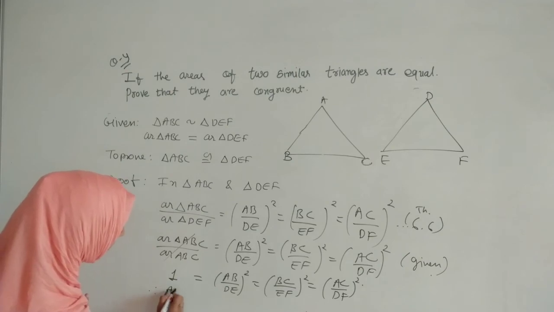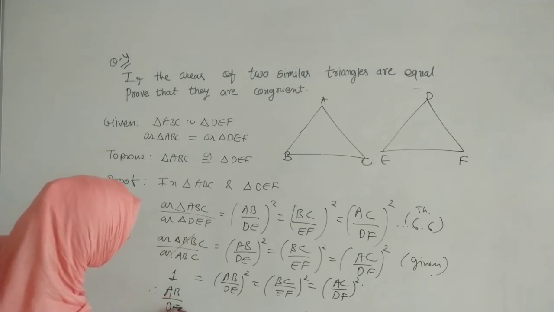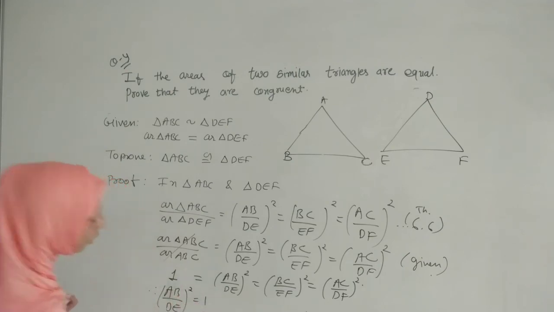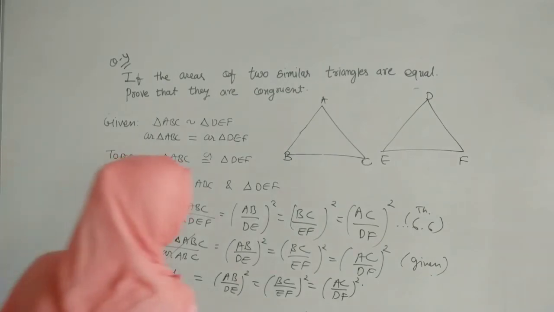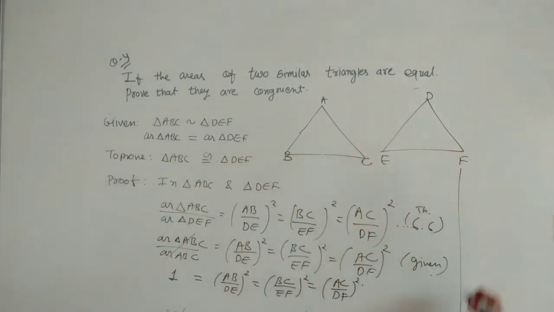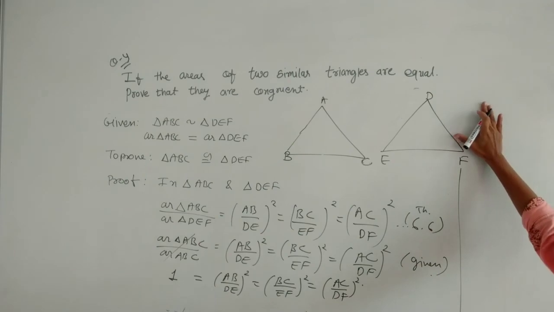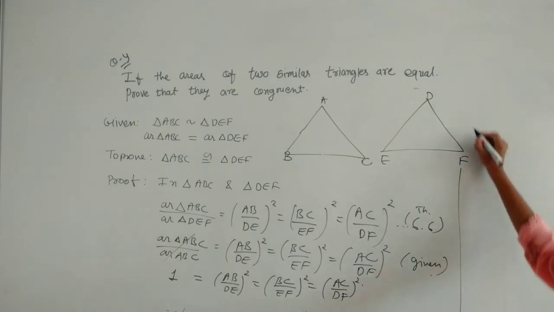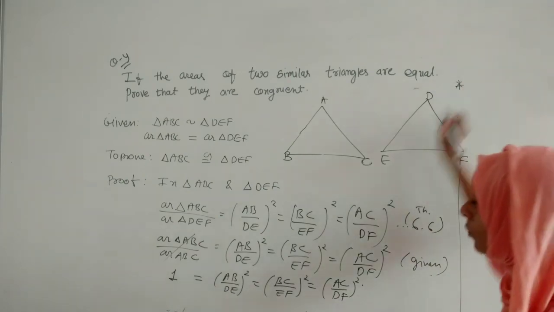So let me compare this. AB by DE whole square equals 1. Right. So let us do the further process. Let me write over here. Let us prove for the first one. So what is the first one?